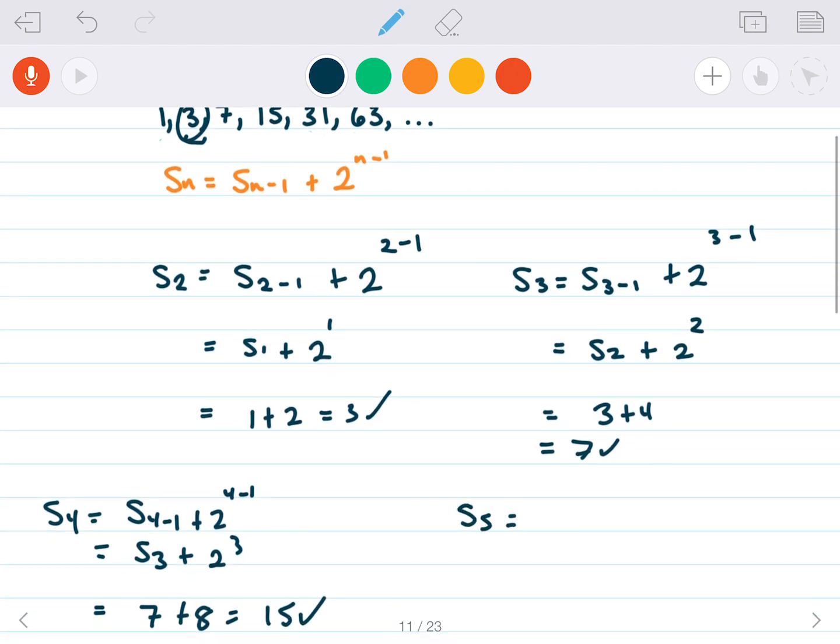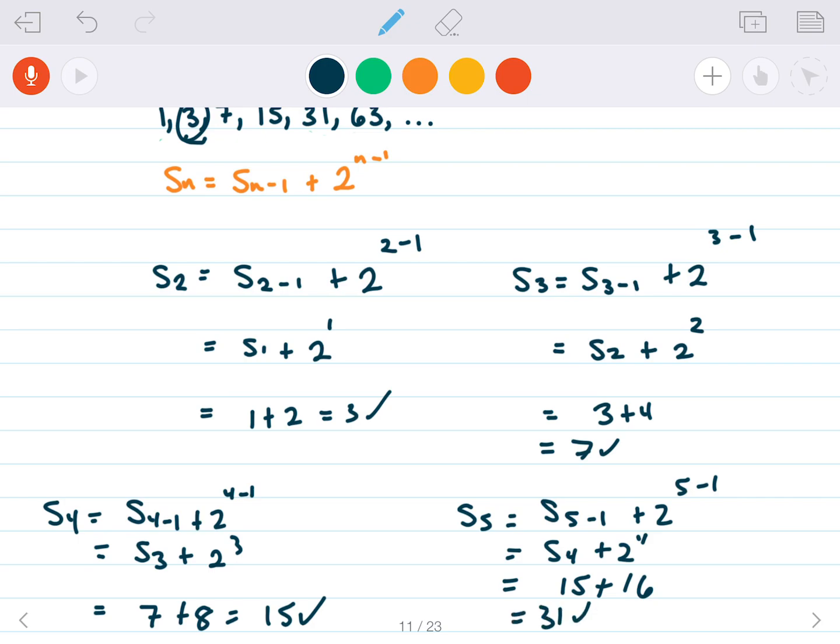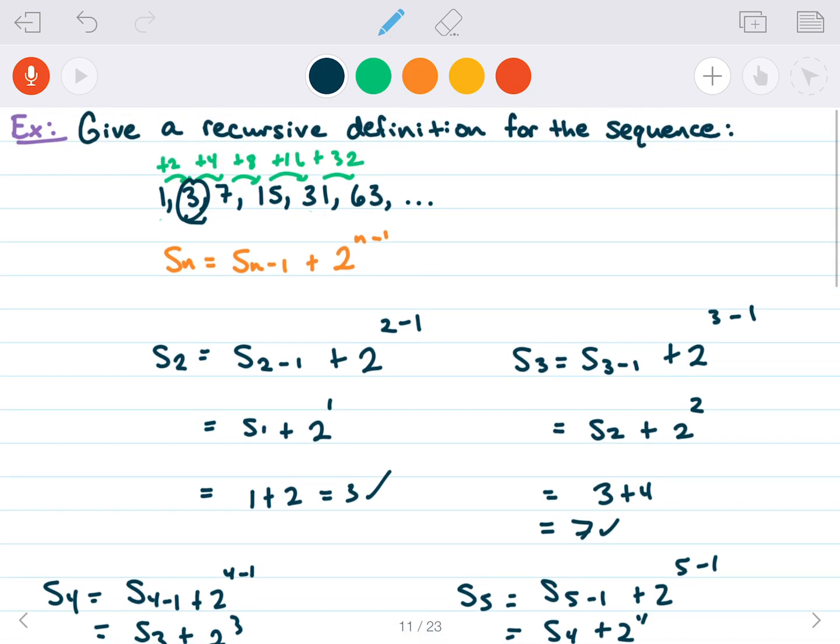S sub 5 is S sub 5 minus 1 plus 2 to the 5 minus 1. So this is S sub 4 plus 2 to the fourth. So S sub 4 was 15. We have 15 plus 16, which is going to give us 31. And that's true. That's the fifth number in our list when n is equal to 5.